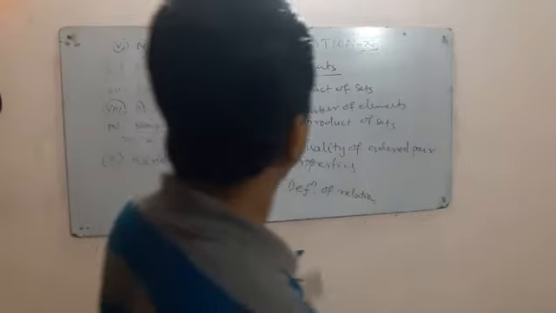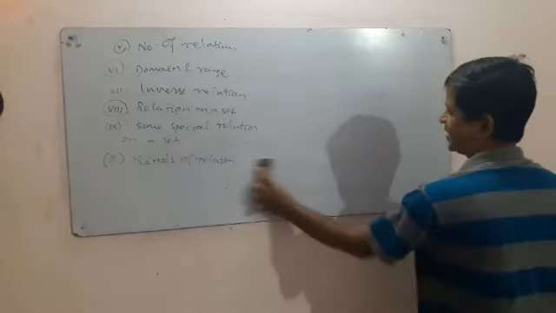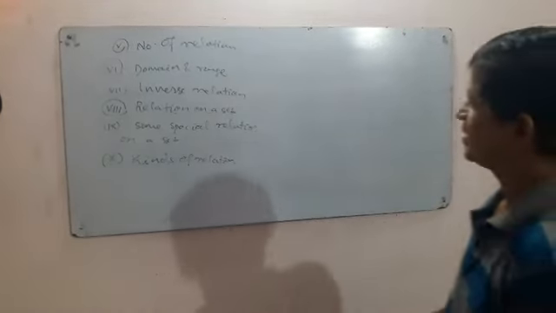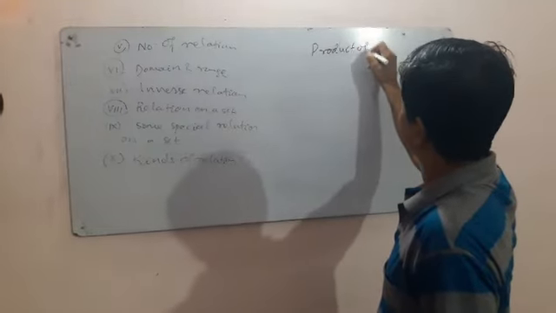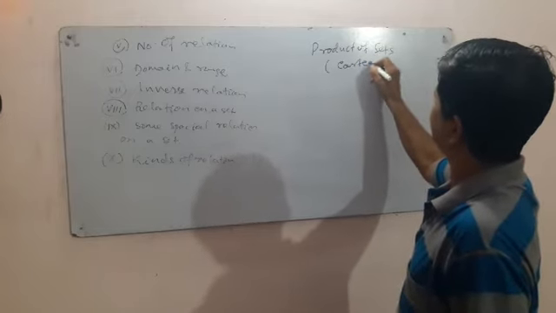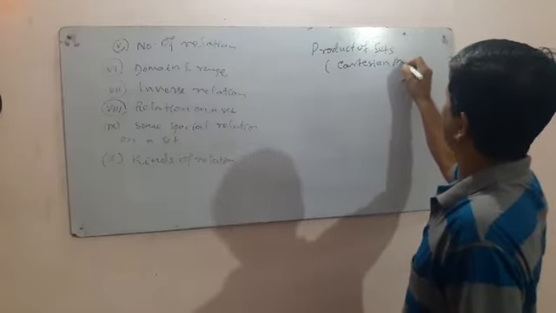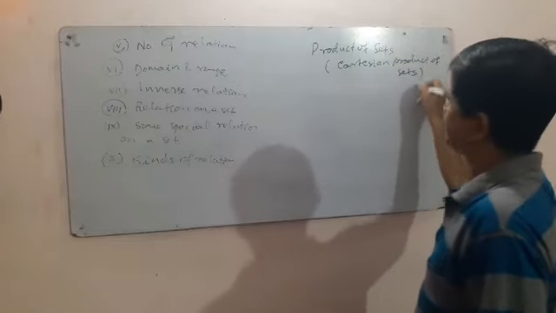Come to first, product of sets. This is also called Cartesian product of sets.